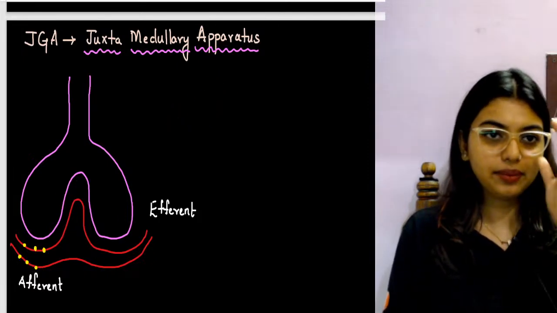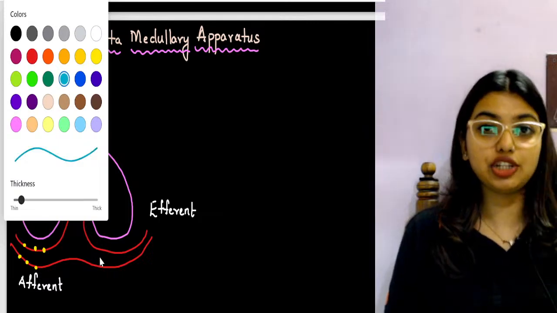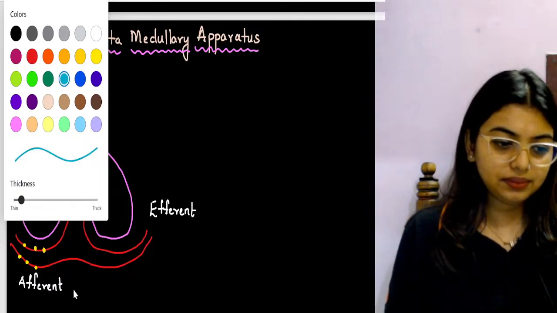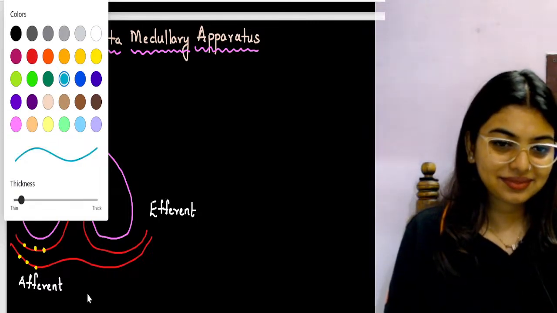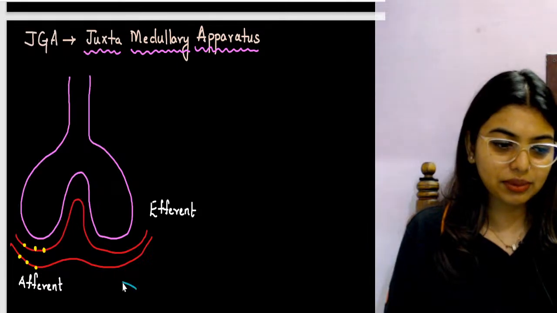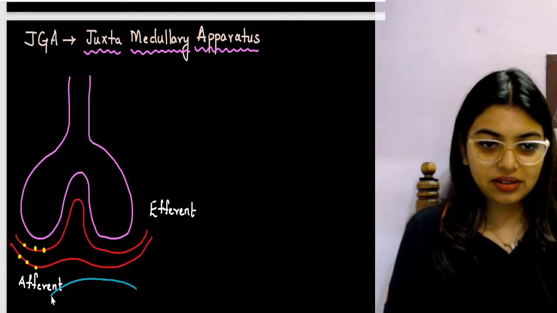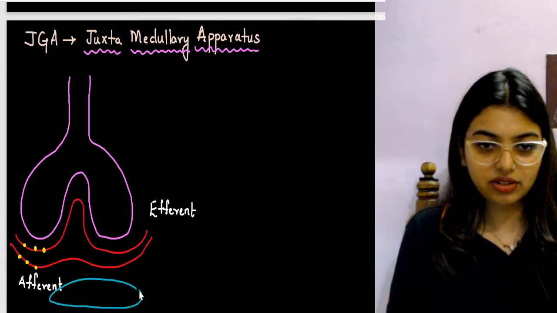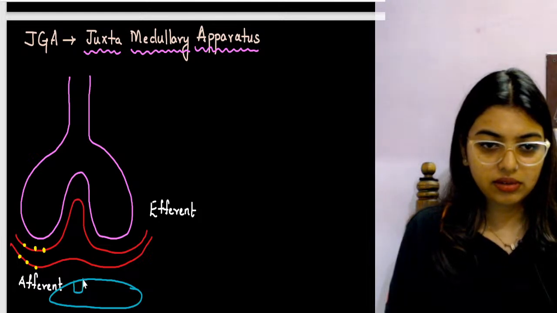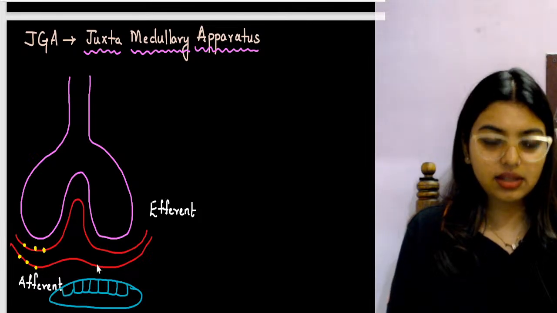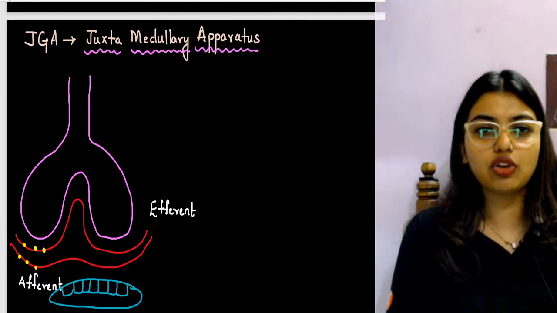Now understand, whenever there is going to be an issue, students, here if I draw, you'll be able to see, no? This is your macula densa. So what is this juxtaglomerular apparatus?